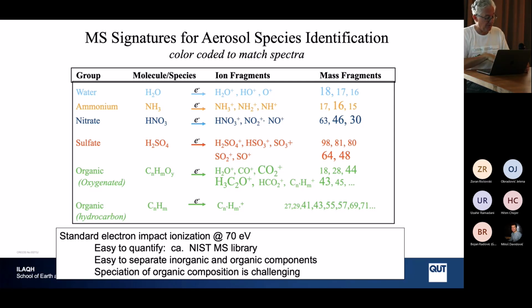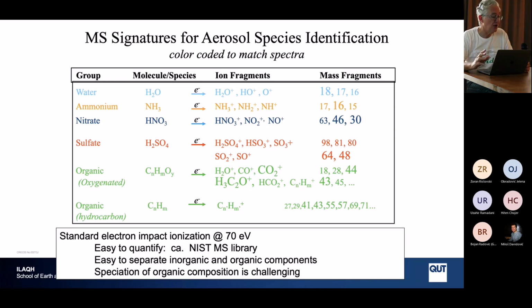But we know from a fragmentation table, and this is all known in the NIST MS libraries, the most common fragments from a certain molecule, and then we can recalculate the actual concentration of each of the species.